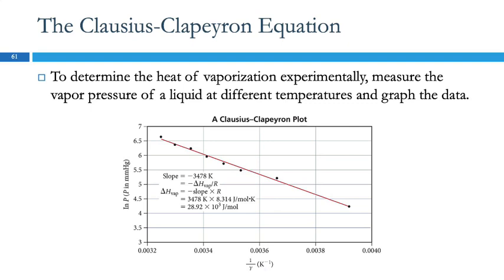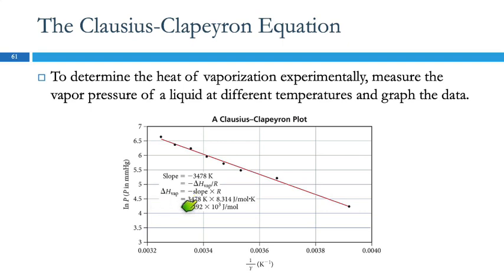So we've done graphing in lab. You can graph this on Excel, and you can have it do linear regression and tell you what the equation for the line is. And so it'll tell you, well, the slope for this line is negative 3,478 Kelvin. Well, that slope is equal to negative delta H over R. So we can rearrange that.